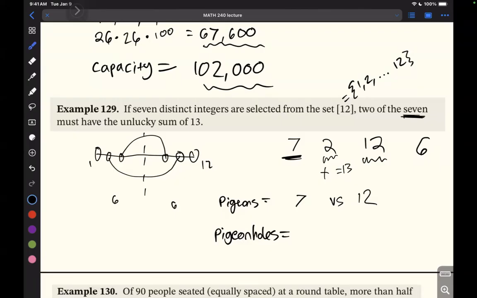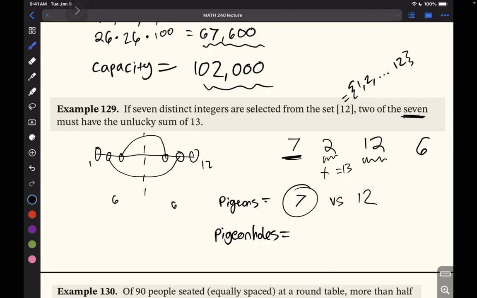Okay, why 7 as opposed to 12? Yeah, because you're only choosing 7 of the numbers out of the set of 12, right. So 7 is actually our number of pigeons.